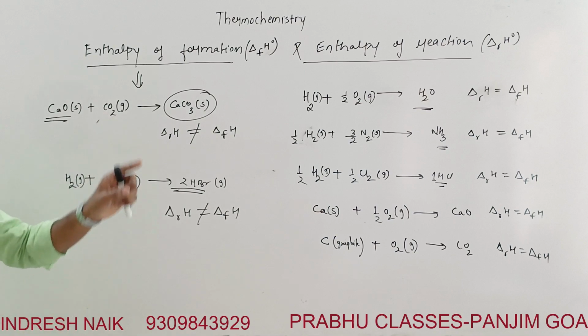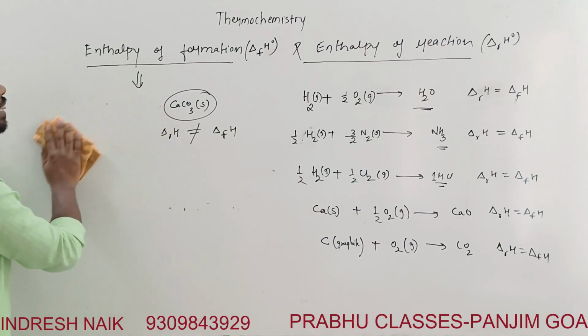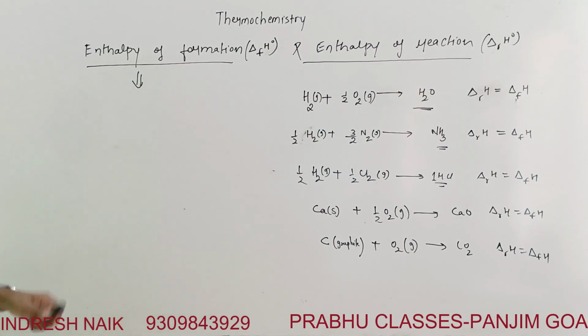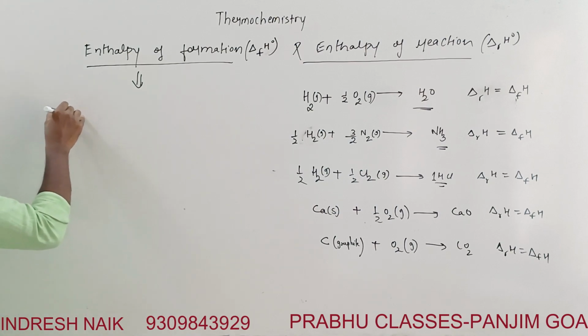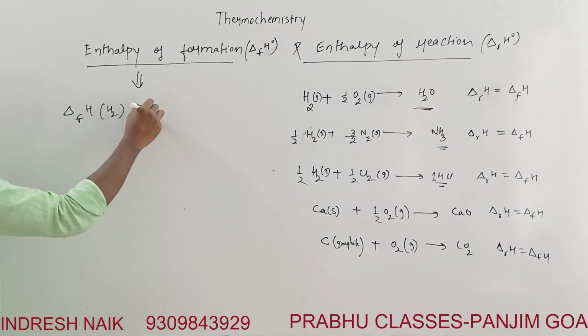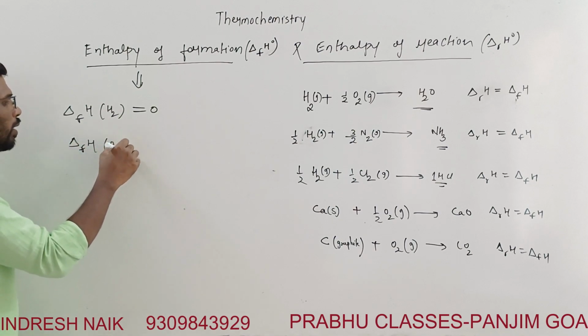So there are certain elements in a free state whose enthalpy of formation is equal to 0. I will make a note of those things, like enthalpy of formation of hydrogen. You should know this. Enthalpy of formation of H2 is equal to 0. Then enthalpy of formation of O2 is equal to 0.